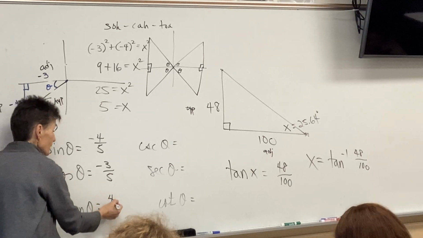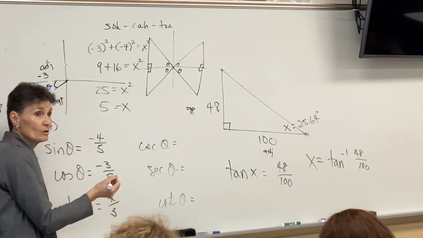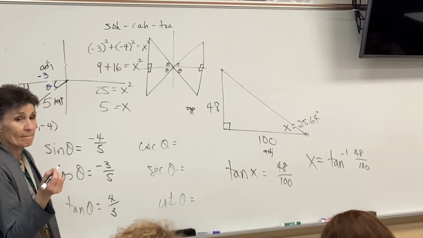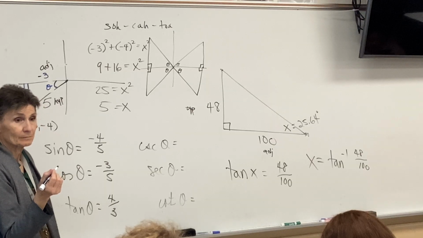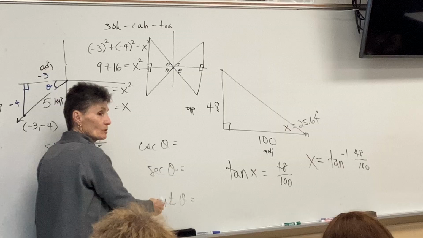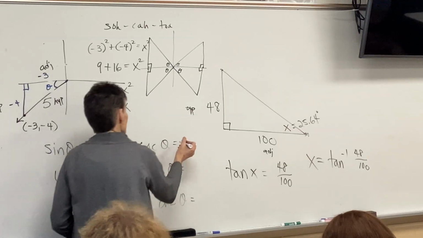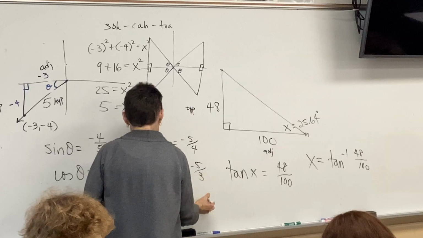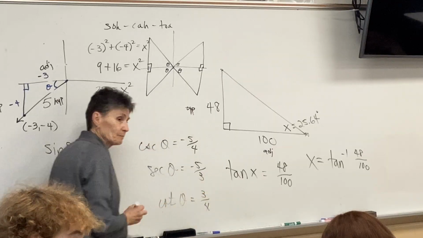And tangent is 4/3 because the negatives will cancel. With me, friends? And then these guys are just the reciprocals, right? So here we go. -5/4, -5/3, and 3/4.